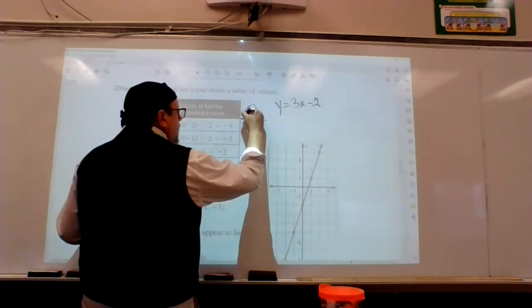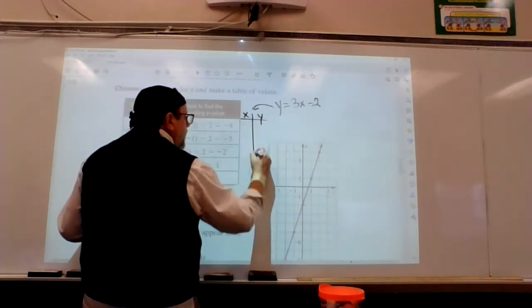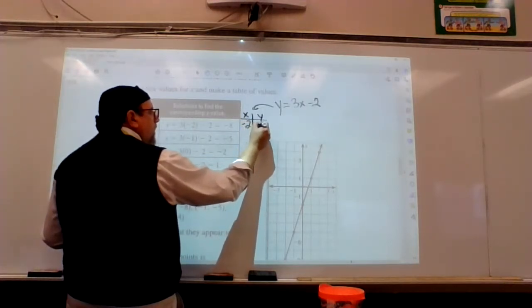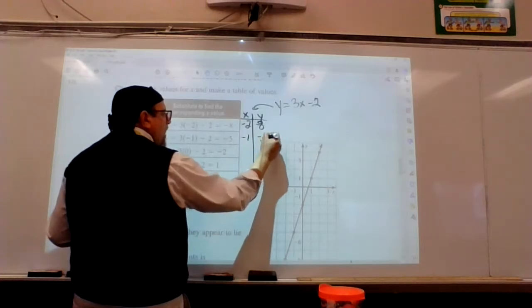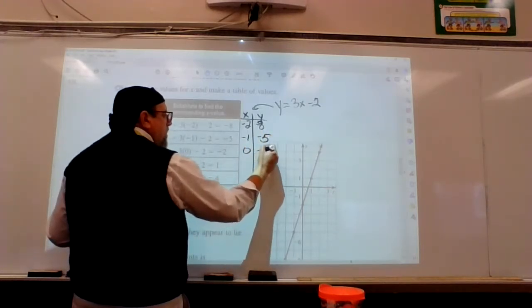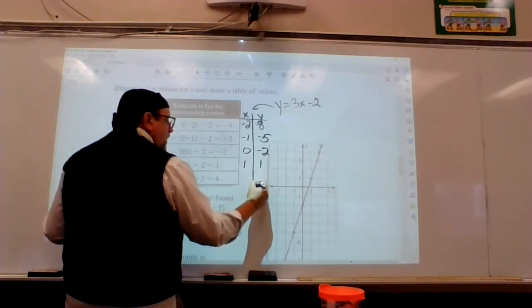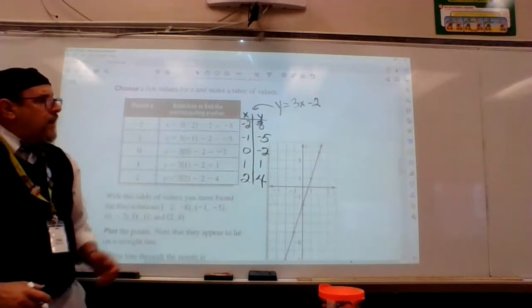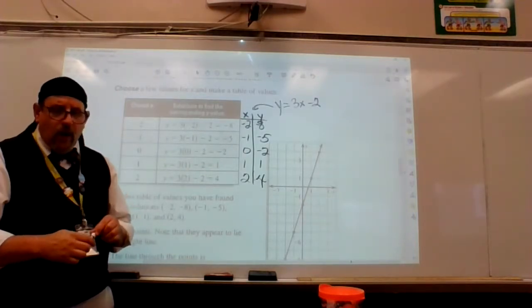Make an XY table with this over the top of it, and we'll see -2 gives me -8, -1 gives me -5, 0 gives me -2, 1 gives me 1, and 2 gives me 4. And that's okay, that input-output table, just like that. If you can do the math, you're set to go.